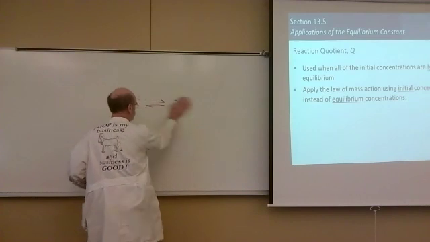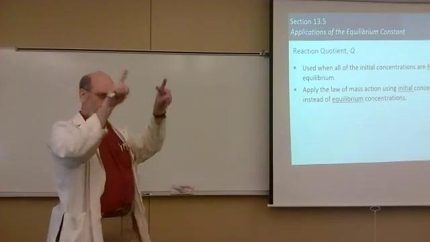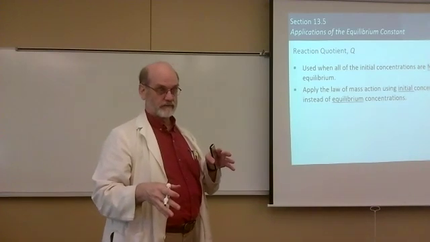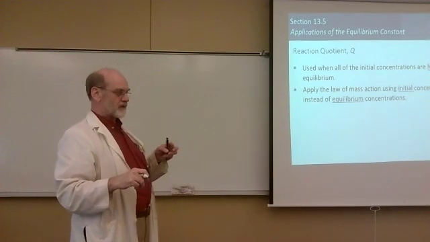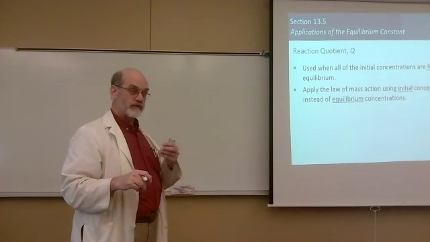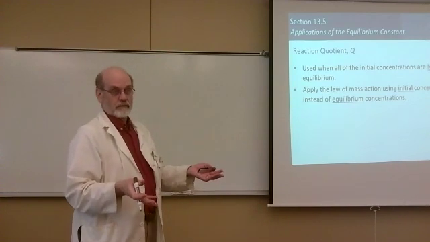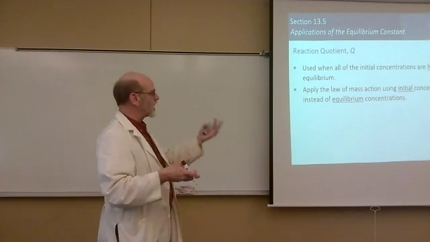Now, when I wrote the expression before, I used square brackets. That's the equilibrium concentration. But it's useful if you know the concentrations before equilibrium is reached, or even starting concentrations, then you can do a pseudo K calculation.